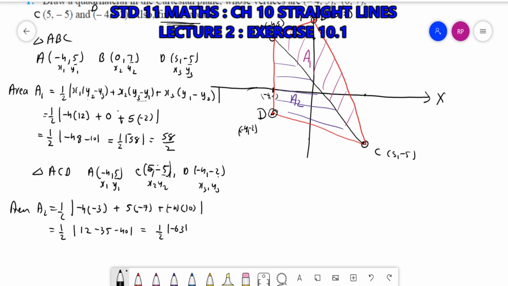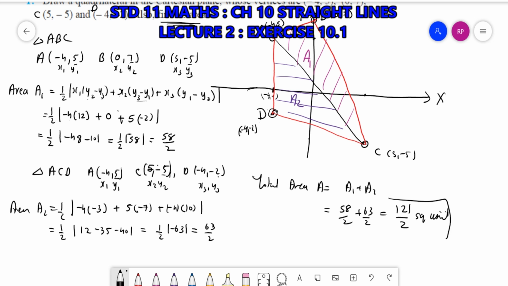So the modulus of minus 63 gives 63 by 2, which is A2. So the total area A is A1 plus A2, equal to 58 by 2 plus 63 by 2. That will be equal to 121 by 2 square units.